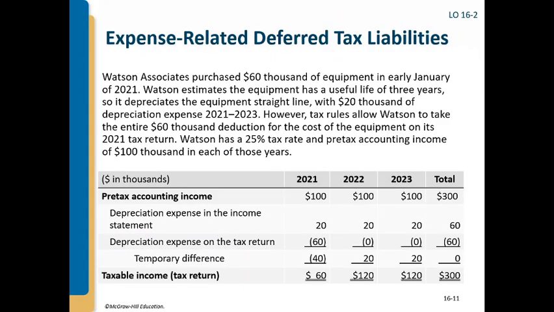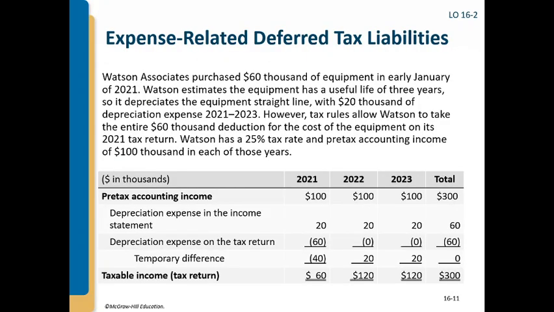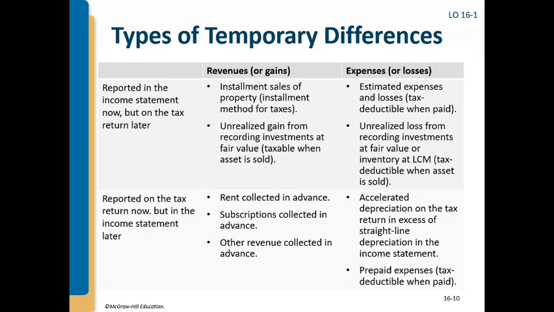All right, so the first thing we're going to look at is expense-related deferred tax liabilities. And so where is that? Okay, that is the bottom right under expenses: accelerated depreciation on the tax return in excess of straight line depreciation in the income statement.